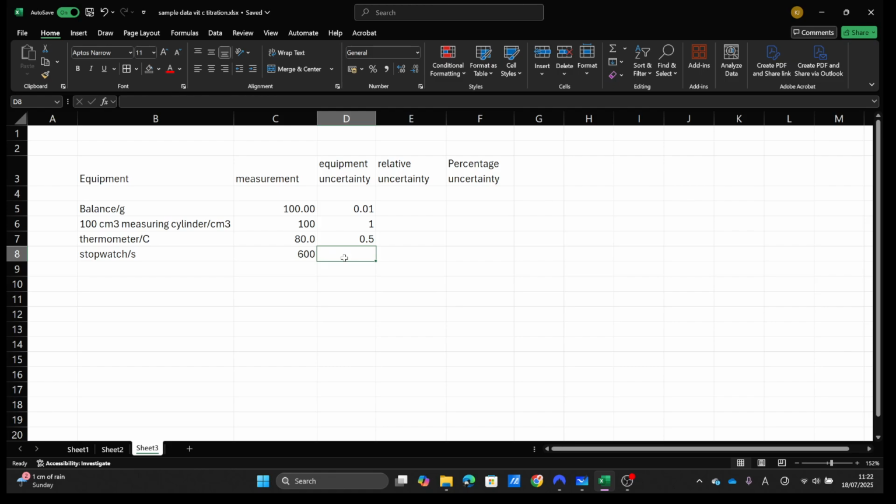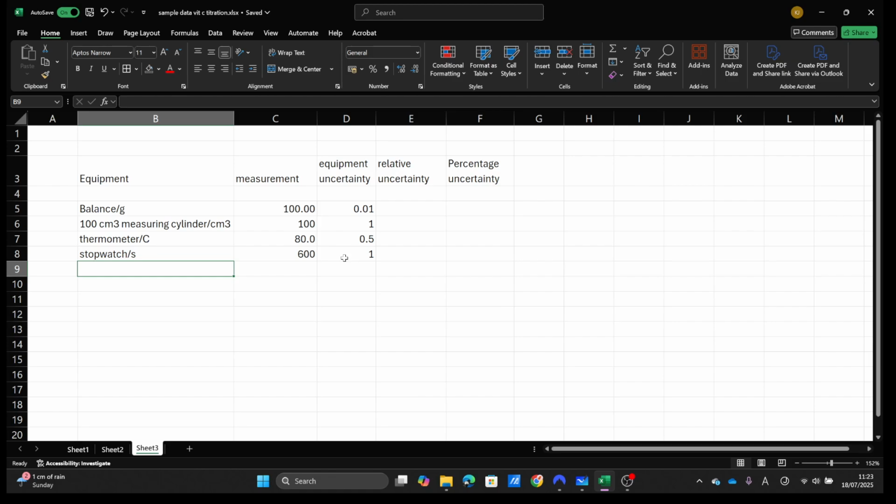So convert into seconds, and the equipment uncertainty I'm going to say is 1 second, although the stop clock went to more decimal places. With someone's reaction speed, it's probably a bit more than 1 second really, if you think about the time it actually takes to stop and start. So maybe 2 seconds, but 1 second's fine.